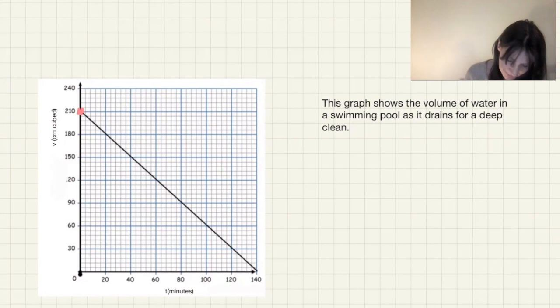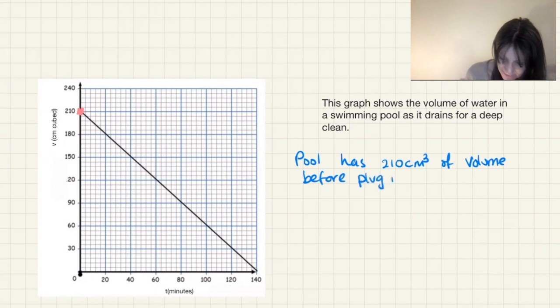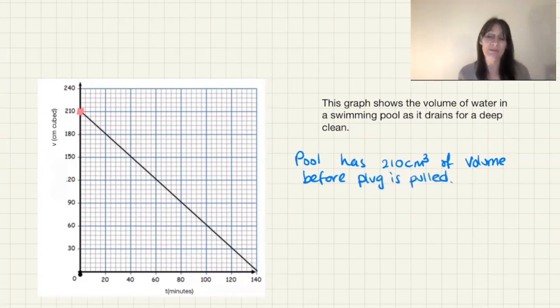Pool has 210 centimeters cubed of volume before plug is pulled. Your sentence could very well be different to mine, but if it's the same gist, then it's fine. We're all going to write a slightly different sentence, okay?